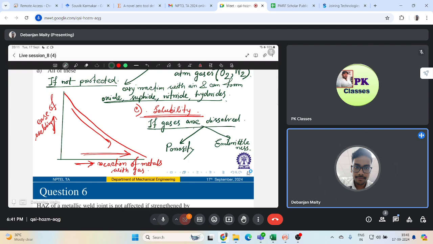Now, a large difference in solubility of gases in the liquid and solid state of a metal increases the possibility of porosity formation, due to high gas entrapment tendency.